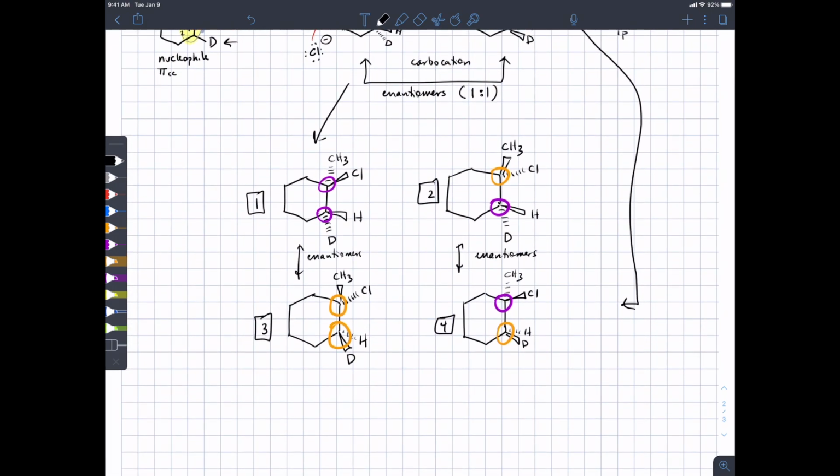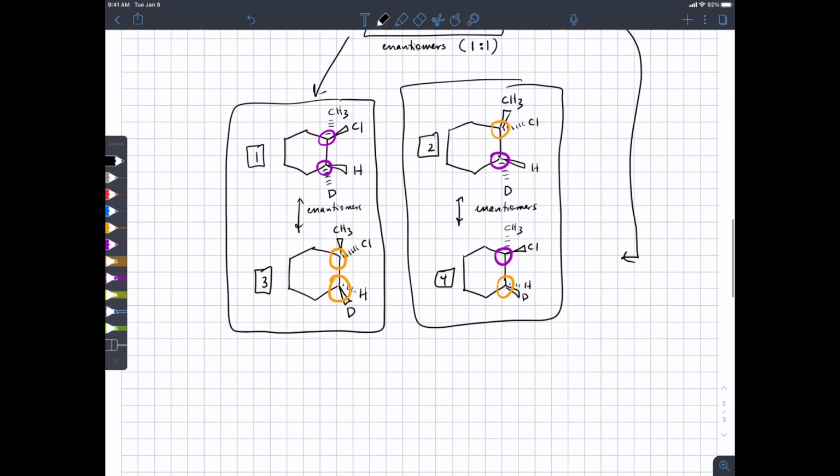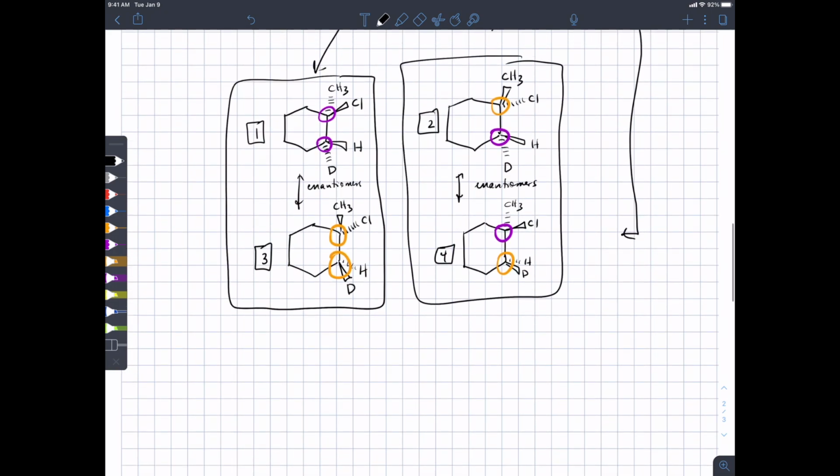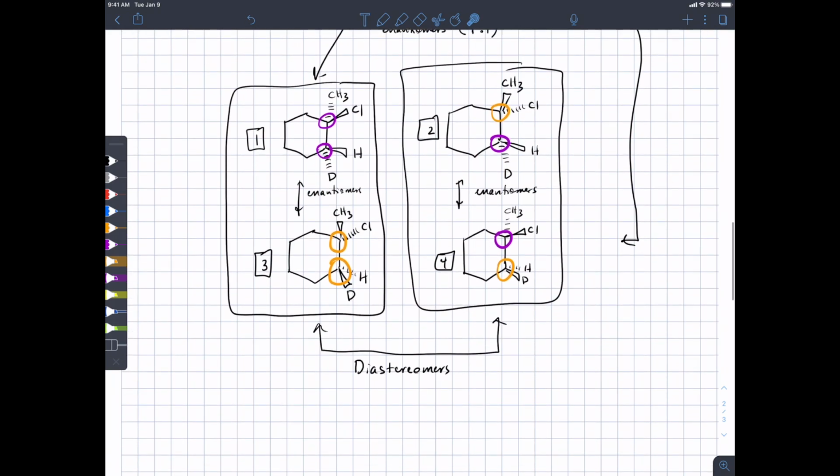What's the relationship between this pair of enantiomers and this pair of enantiomers? Yeah, diastereomers. That's our word for any stereoisomer that's not an enantiomer. 3 is a diastereomer of 2 and of 4. 1 is a diastereomer of 2 and of 4. 1 and 3 are enantiomers, 2 and 4 are enantiomers of each other.